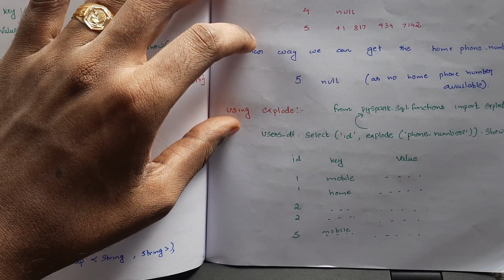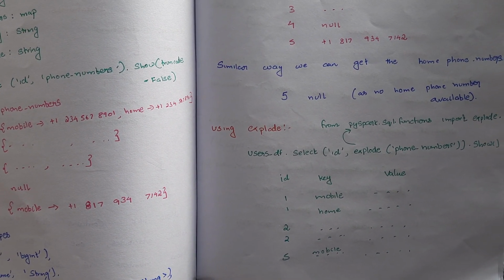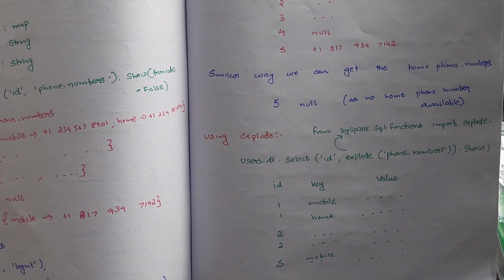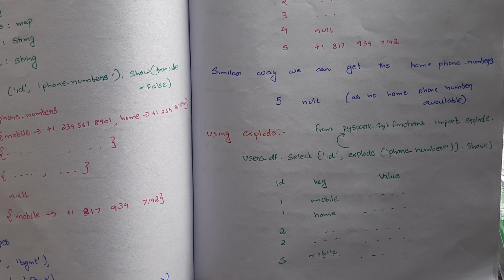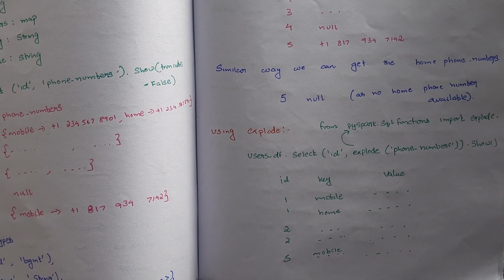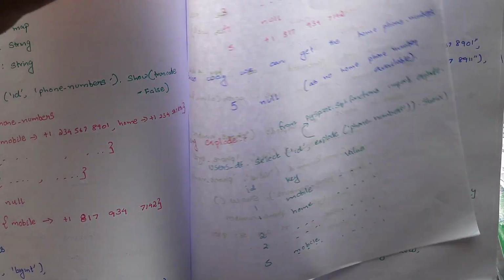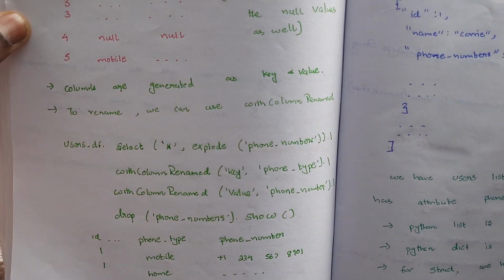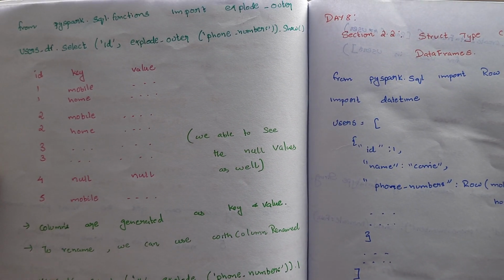An important thing: id 5 has only mobile and no home number, so we see only one row for id 5, and id 4 will be missing because it has a null value for phone numbers. To get the null value as well, as we saw earlier, we have to use explode_outer.